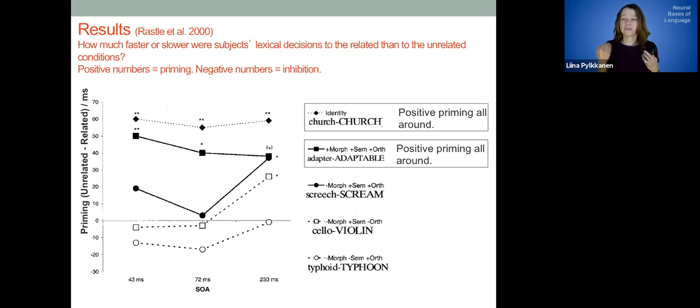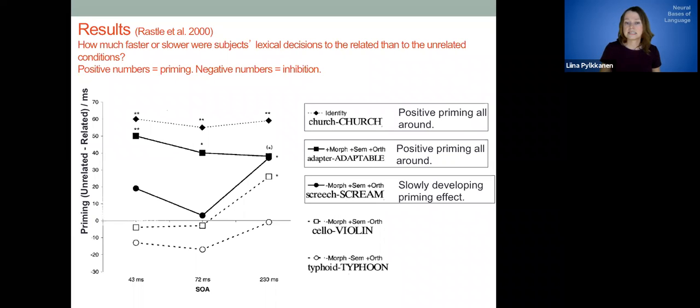If the morphological priming effect was explainable as just a cumulative effect of sound and form similarity, then it should be pretty similar to screech and scream. But instead of this overall positive priming pattern, the screech-scream priming looks to be more slowly developing.